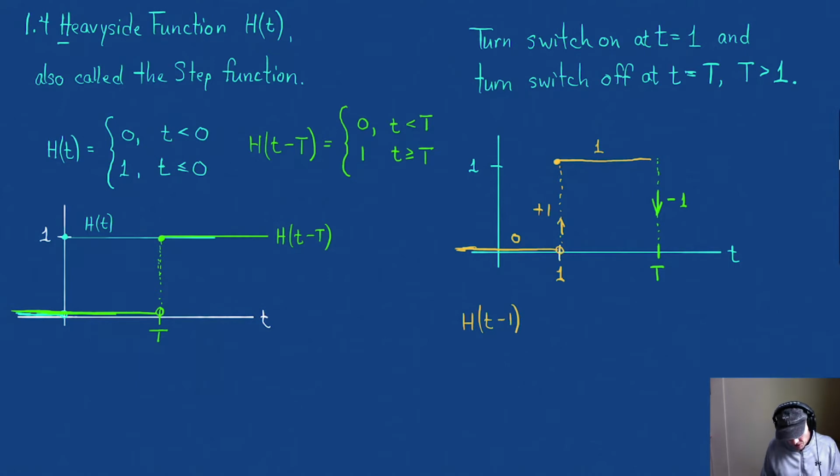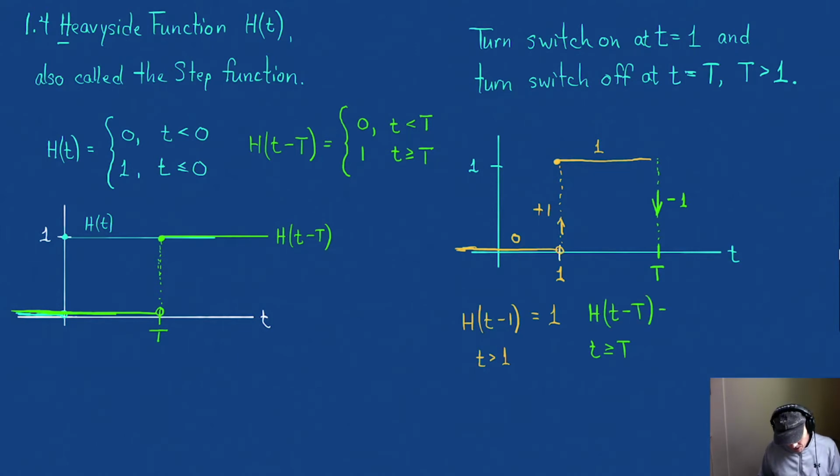That's the orange function. And then we need to subtract 1. So once t is greater than 1, this is equal to 1. And then when t is greater than or equal to capital T, now we want this function h of t minus capital T.